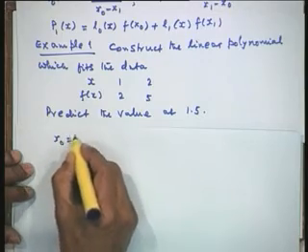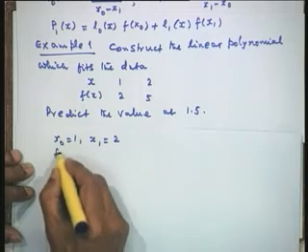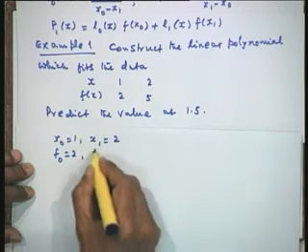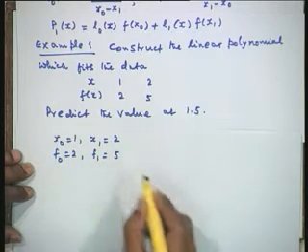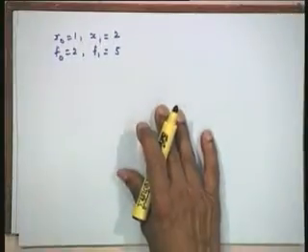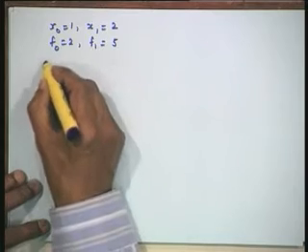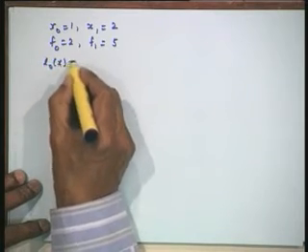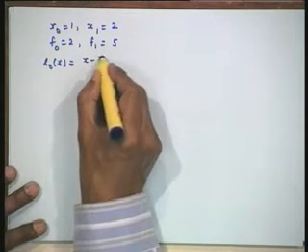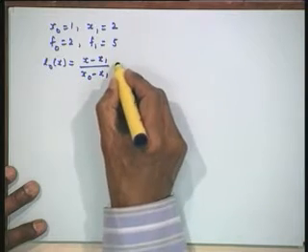Now, here our x 0 is 1, x 1 is equal to 2, f 0 is 2, f 1 is equal to 5. Therefore, our L 0 x is, let us write down the formula again, x minus x 1 divided by x naught minus x 1.